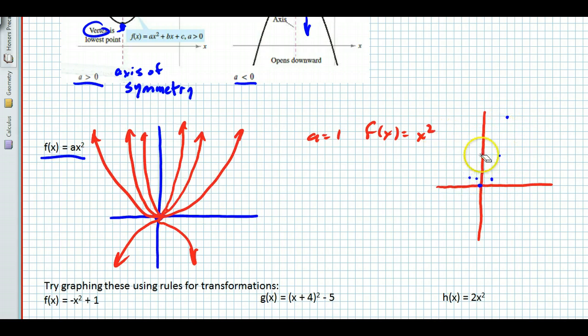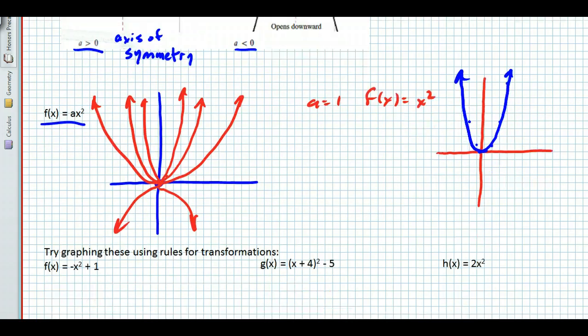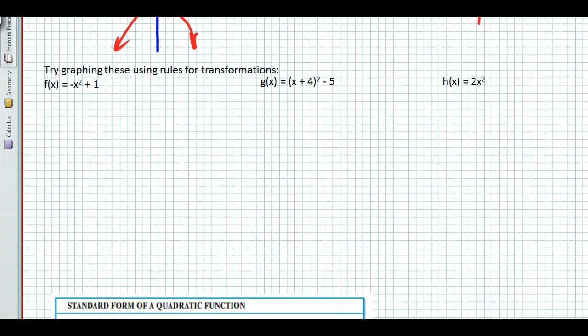Let's see, my origin's off a little bit, isn't it? Everything matches over on this side. And so our parabola looks like this. Okay? So if you can remember this basic parent function, then it's easy to graph these things.